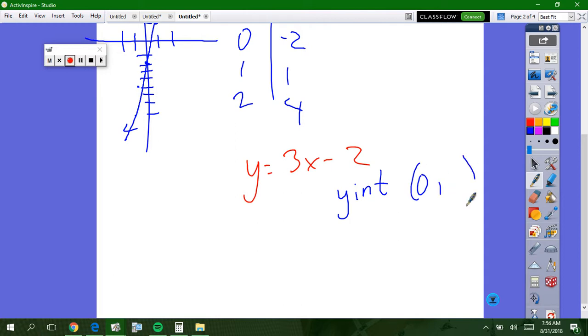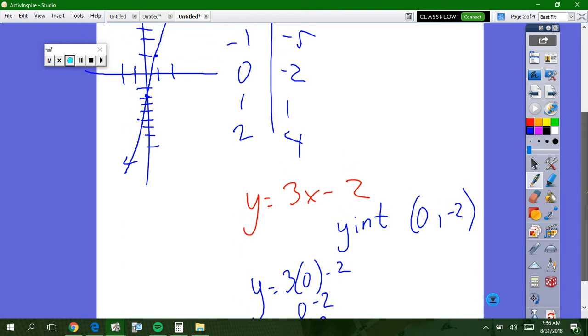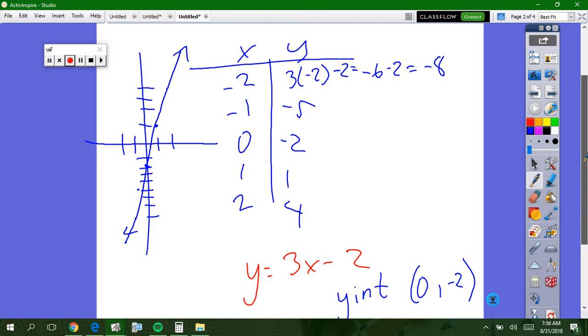It's like plugging in a point, isn't it? And solving. Plugging 0 in for x. So I have y equals 3 times 0 minus 2, which is 0 minus 2, which is y equals -2. So our y-intercept would be negative 2. And on our chart, we already had that, didn't we? Right?